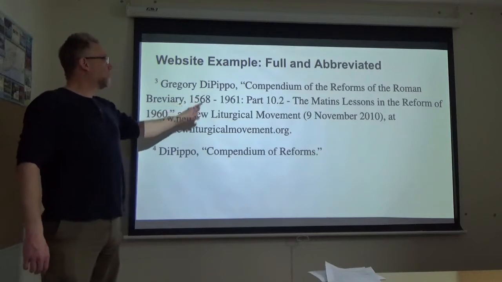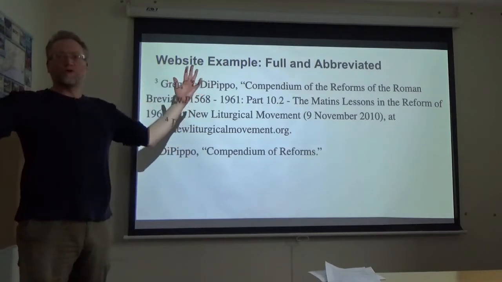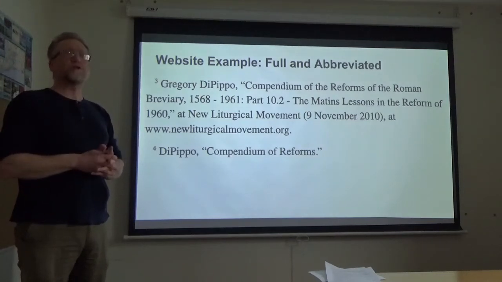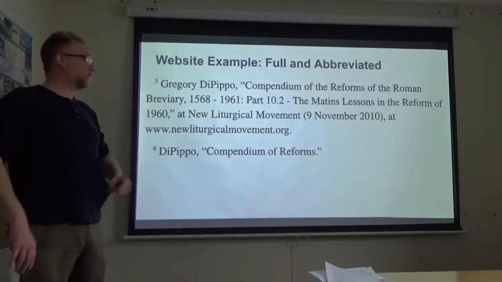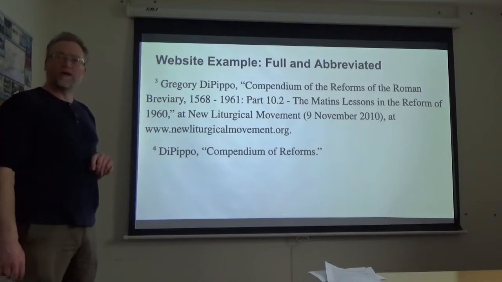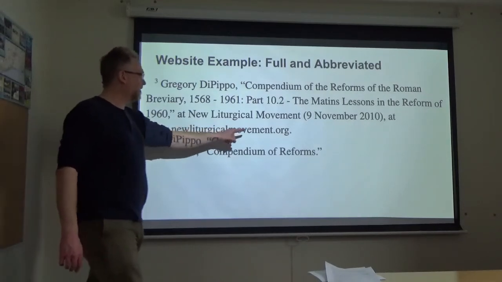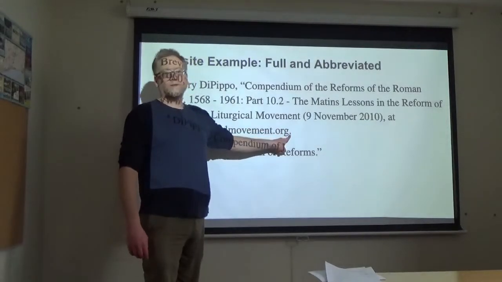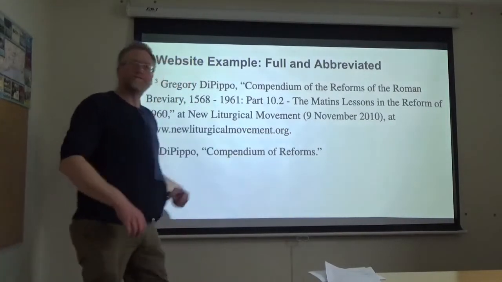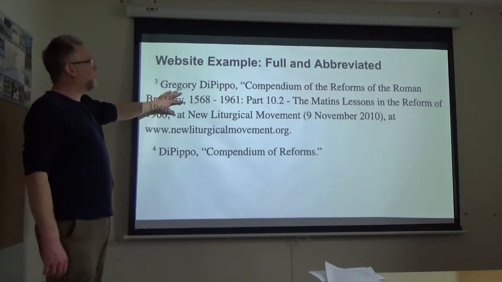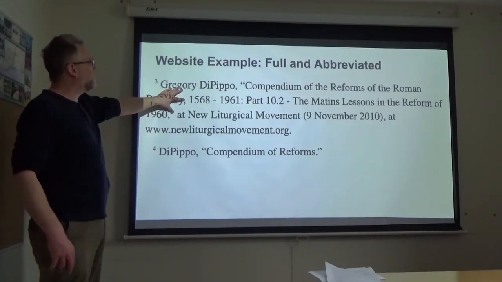This article will have a much longer address. In the paper, you do not put the whole address in there. You find the root URL, which here is www.newliturgicalmovement.org. It's like the home page. Period. Okay. So which citation is this?